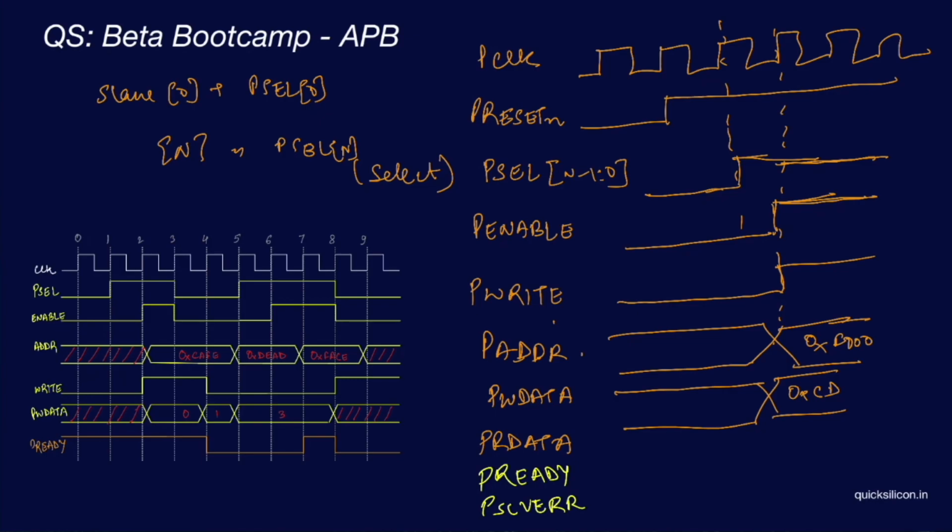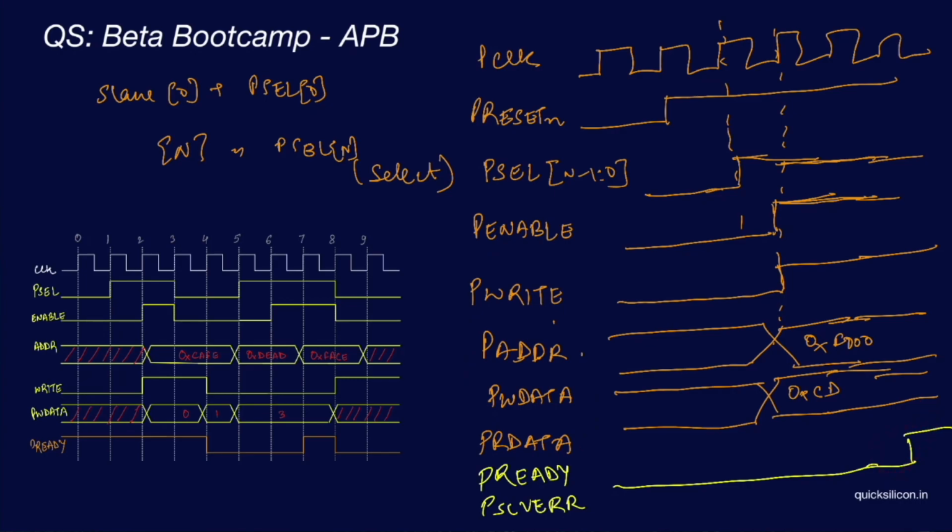So let's assume that the slave asserts the ready signal somewhere here. This particular transaction will continue to remain as is until it gets a ready signal. This is one of the protocol requirements, that your transaction once started can only get completed once a p ready is seen. And there are certain requirements on the slave side as well, that whenever it raises a ready, at that instance only your slave error can actually come. So your slave error would be sampled by your master when it sees a ready.